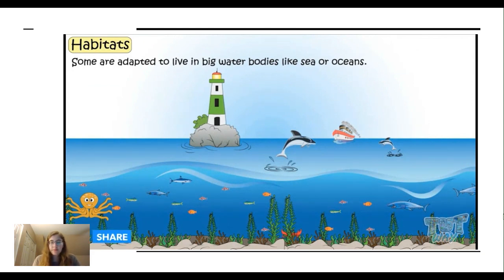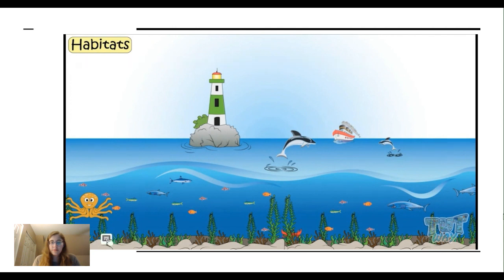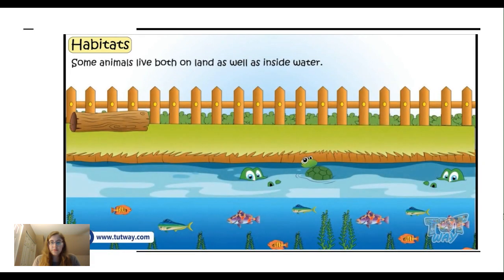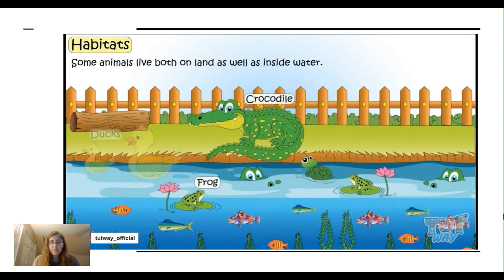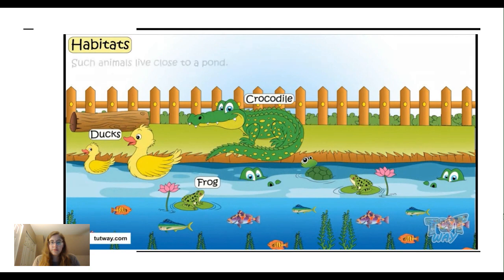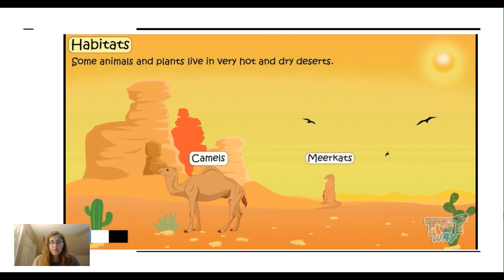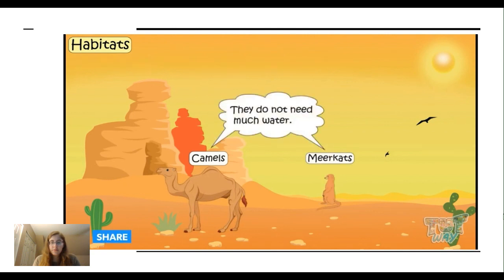Then, the sea or ocean is their habitat, like whales live in the sea or oceans only. Some animals both live on land as well as inside water, like frogs, crocodiles, ducks. So, such animals live close to a pond. So a pond and the surrounding area is their habitat. Some animals and plants lives in hot and dry deserts like camels and meerkats. They do not need much water.